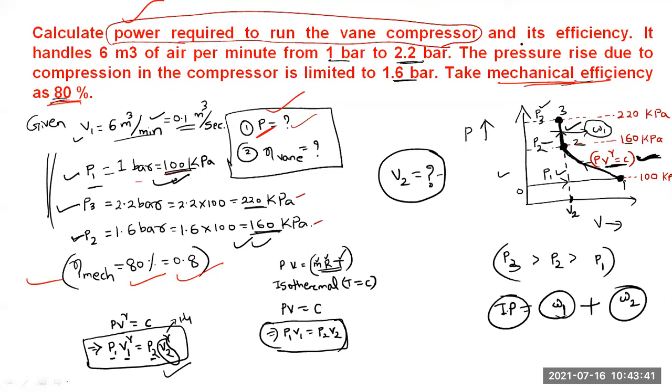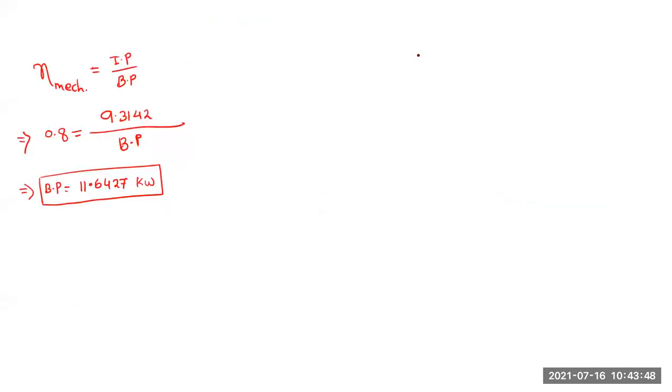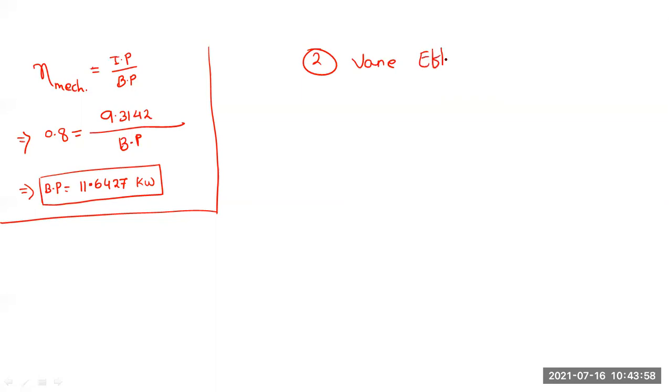Second thing is we have to calculate its efficiency, the vane efficiency. So in the second part, we are going to calculate the vane efficiency. What is the formula to calculate vane efficiency? Yesterday we already discussed.